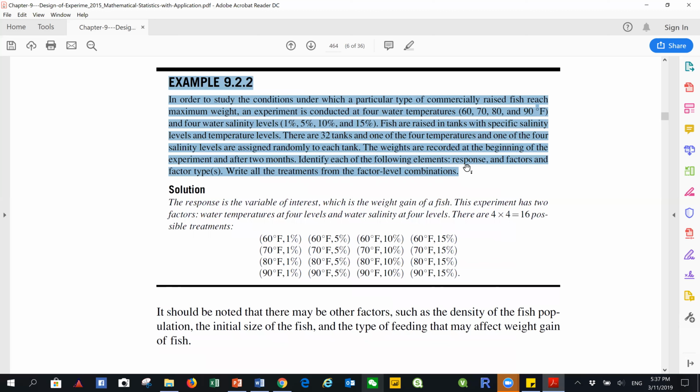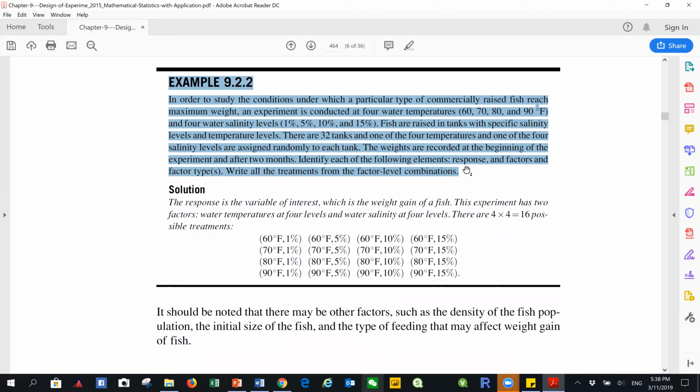Fish are raised in tanks with specific salinity levels and temperature levels. And there are 32 tanks, and one of the 4 temperatures and one of the 4 salinity levels are assigned randomly to each tank. The fish were weighed at the temperature of the experiment, and after 2 months.